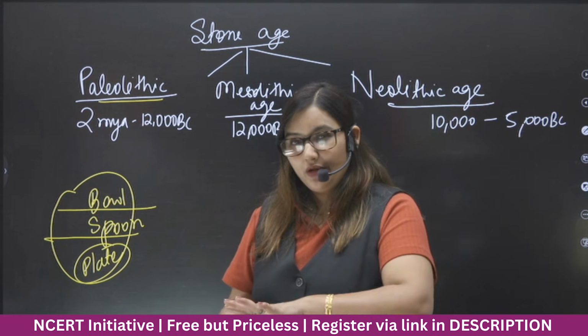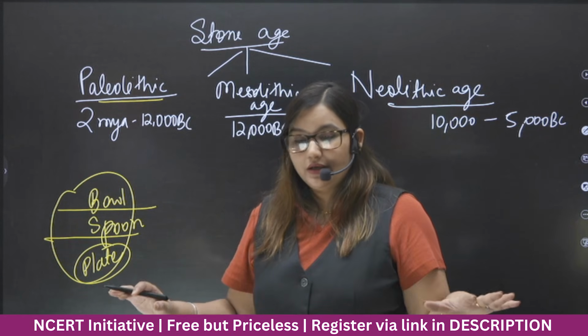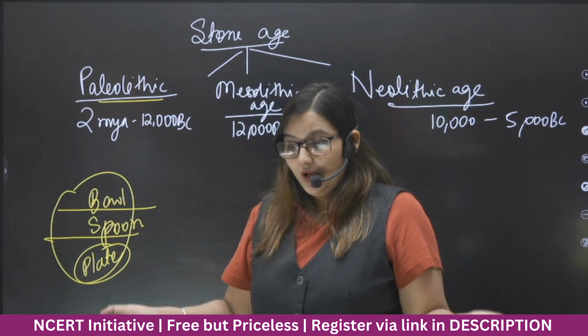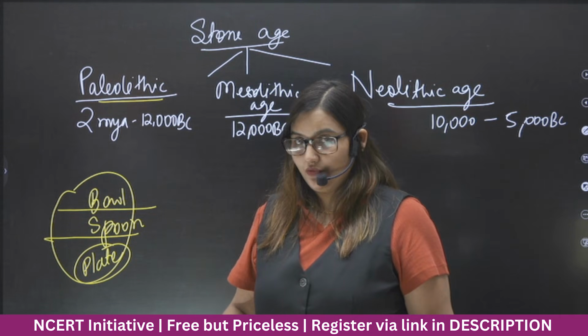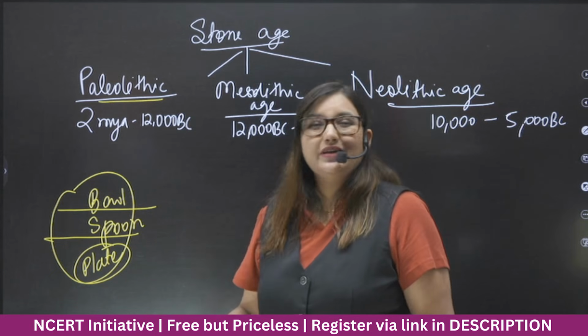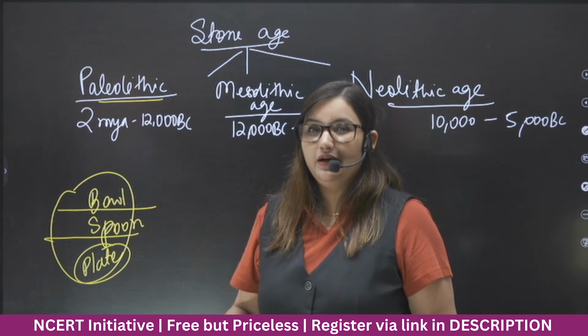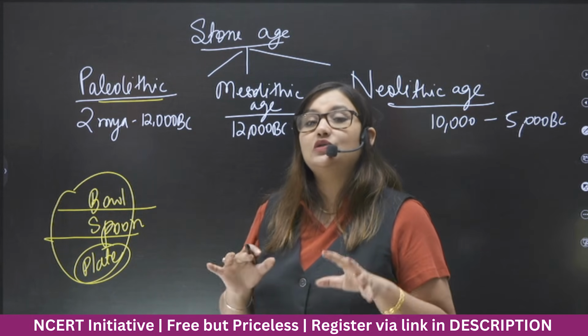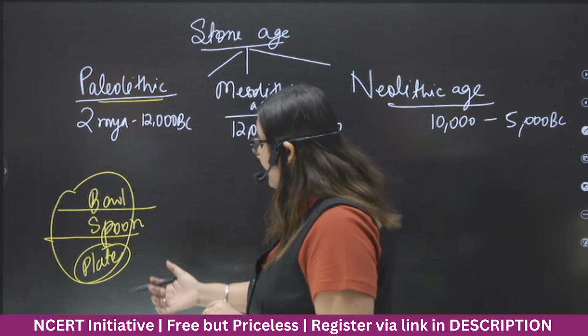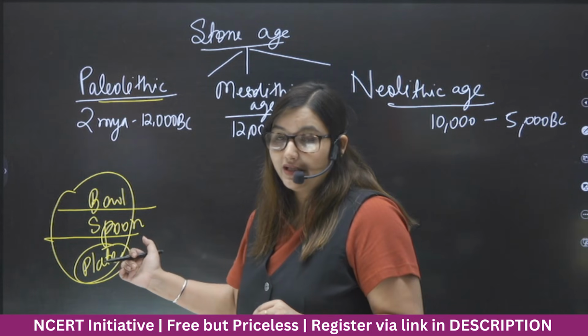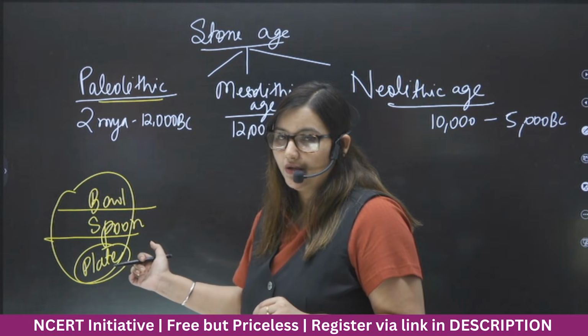So the Upper Paleolithic Age is going to be near the surface area. The Middle Paleolithic Age is going to be deeper inside the surface, and the lowest part of your surface area is going to have the sources and archaeological findings of the Lower Paleolithic Age.